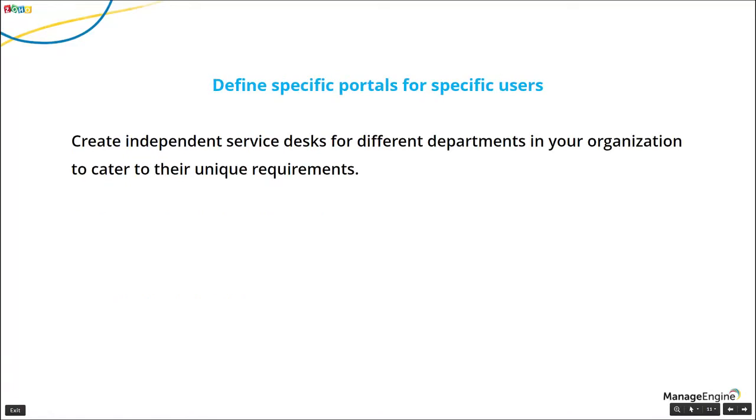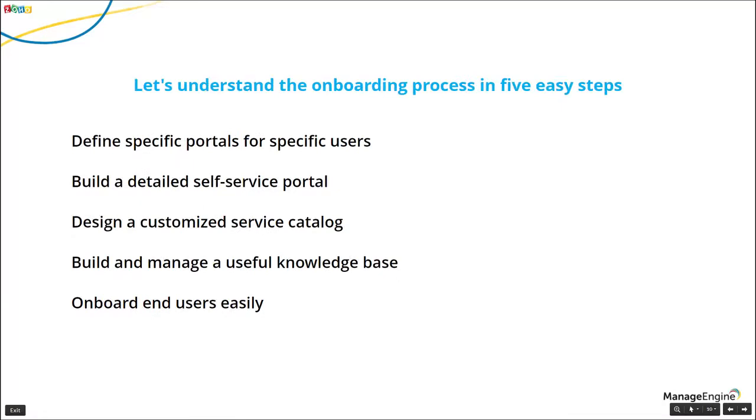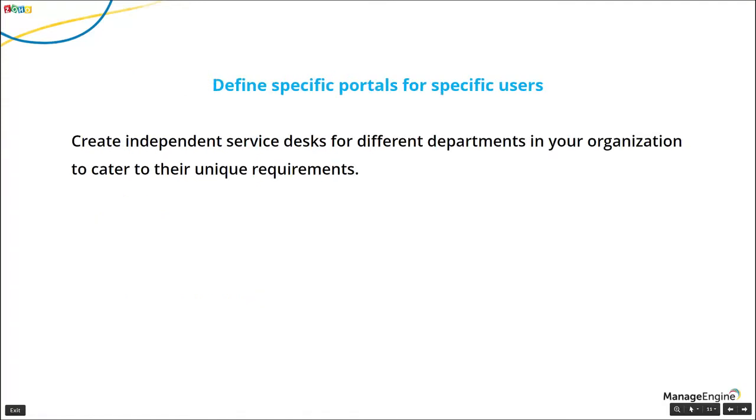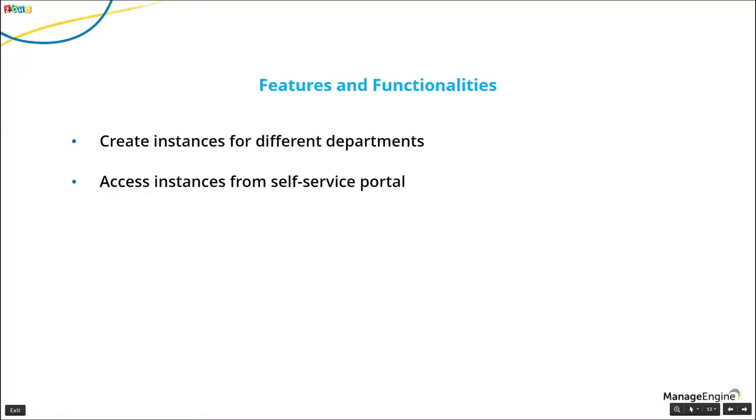Before I show you the application, I'm just going to briefly dwell on the first two hacks: defining specific portals for specific users, and building a detailed self-service portal. So what are the features that we are going to be looking at? We are going to be looking at how you can create various instances for the various departments.